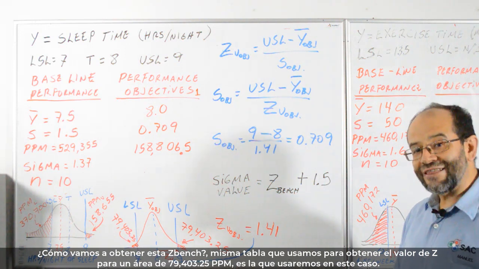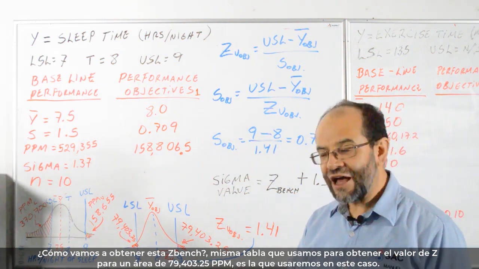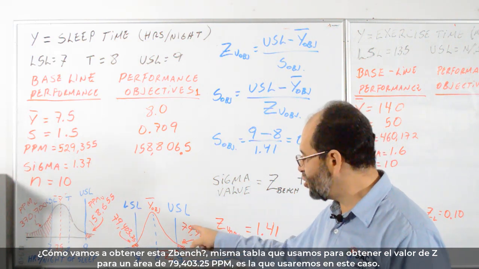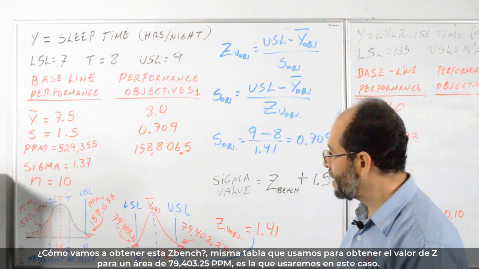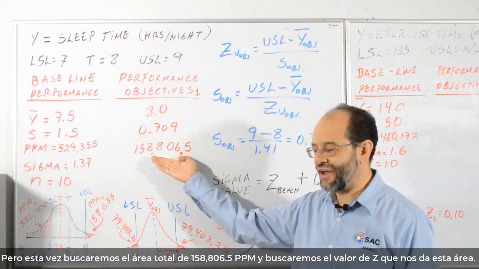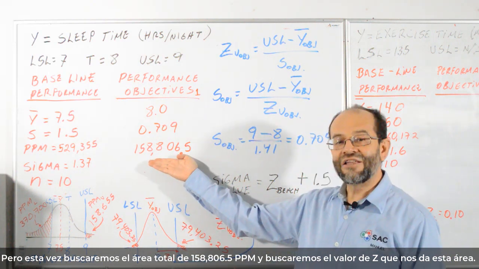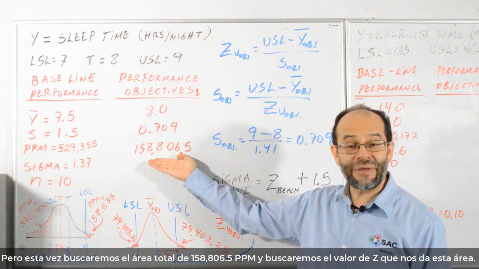How are we going to get this Z bench? Same table that we have used to get the Z value for 79,000. That's the same table that we are going to use. But in that table, we are going to look for the total area, not one side area. The total area, 158,806 ppms.